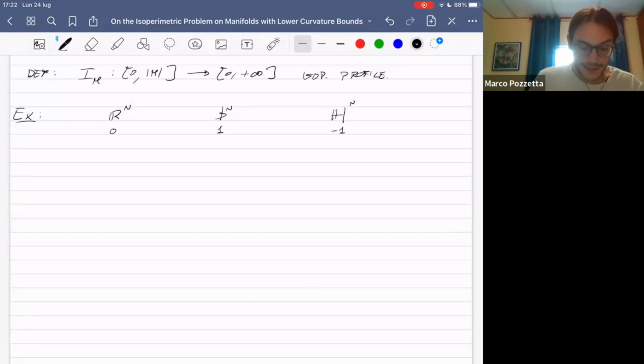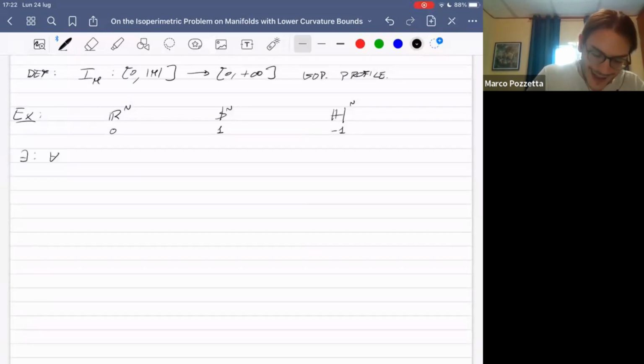And I can ask, is it possible to solve the isoperimetric problem here, for example, the existence? And the answer is today, of course, well known. Of course, in R^n, probably everybody here knows that balls in R^n are isoperimetric sets, but the same conclusion also holds in the sphere and in the hyperbolic space. So if I am interested in existence, well then, yes.